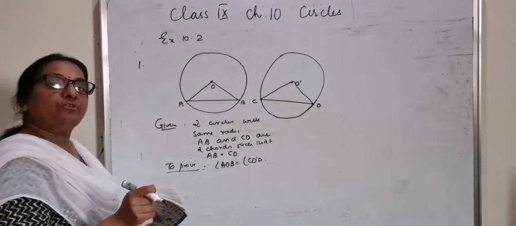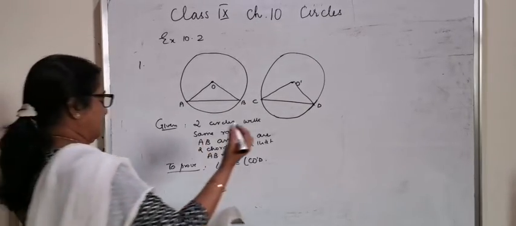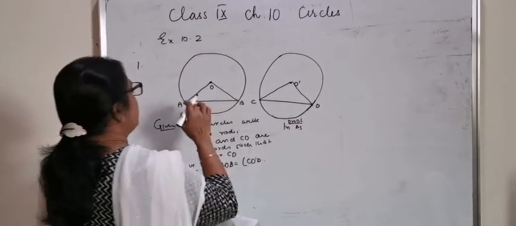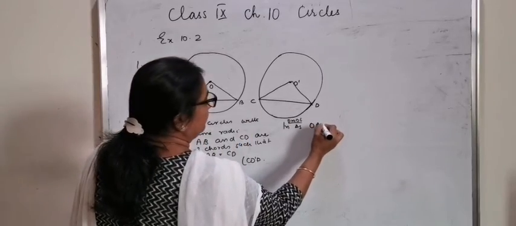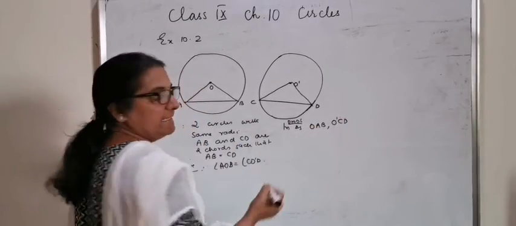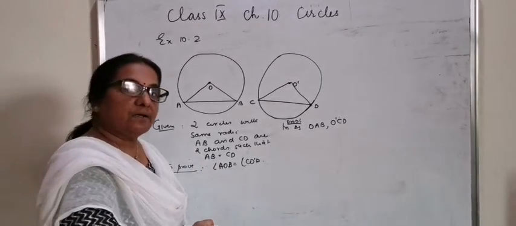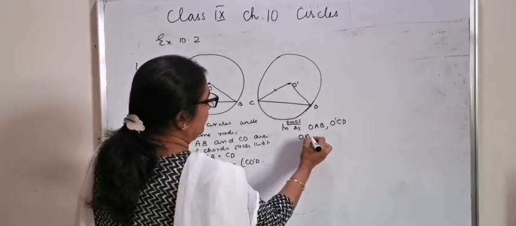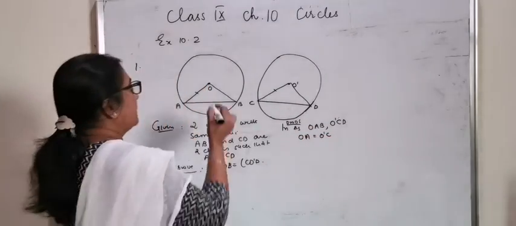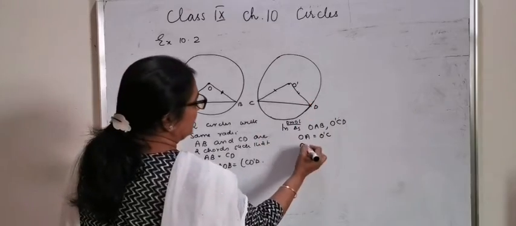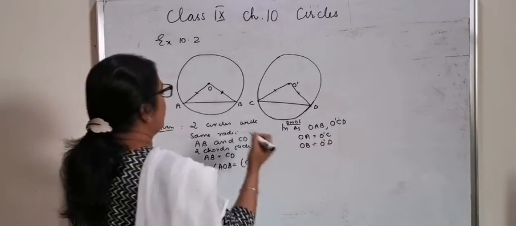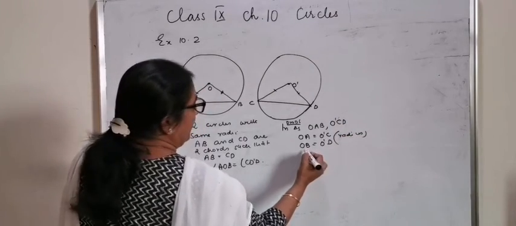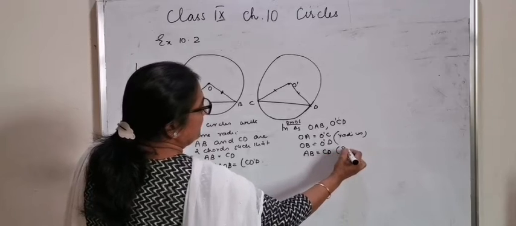How to start with the proof? As we proved for the property in triangles, the proof starts in triangles OAB and O'CD. Since the circles are congruent, their radii are equal: OA equal to O'C, OB is equal to O'D, both radii, and AB equal to CD given.